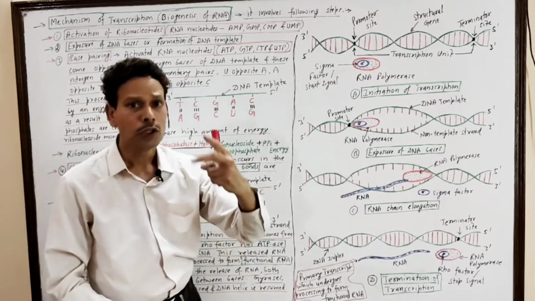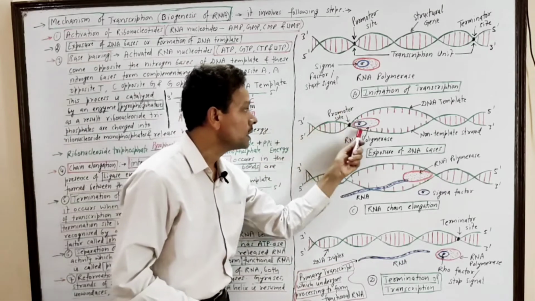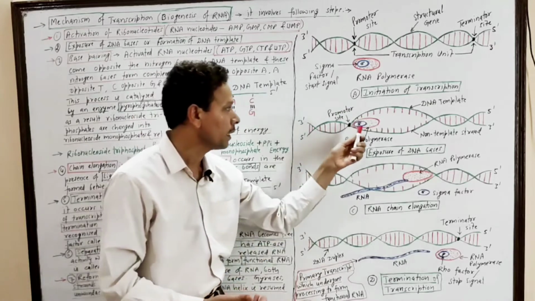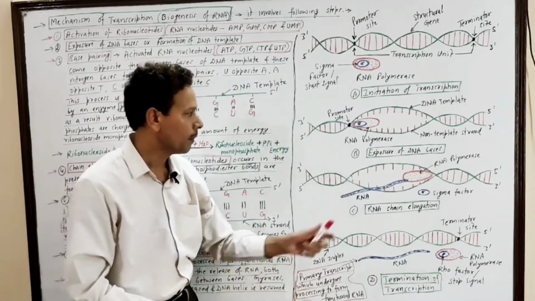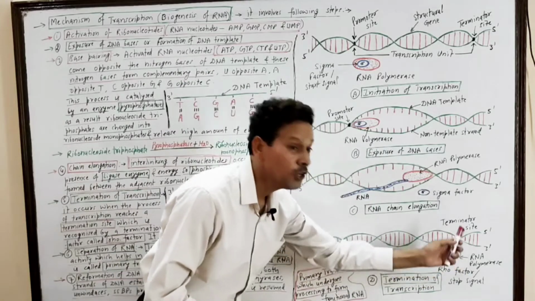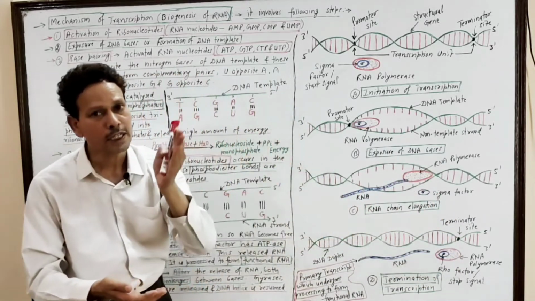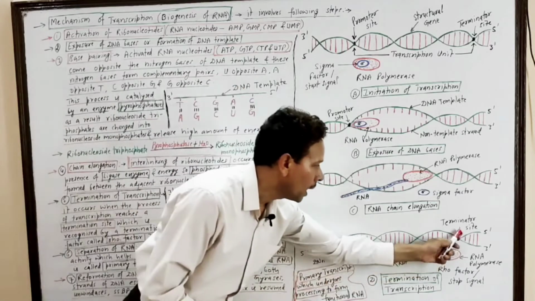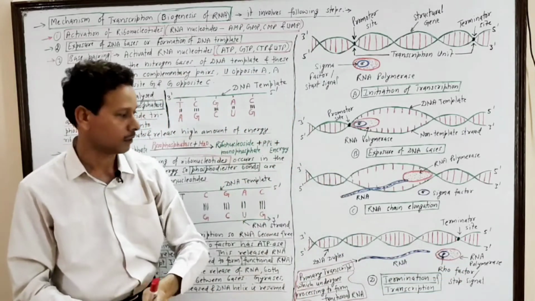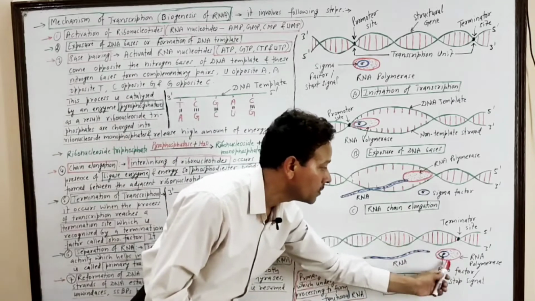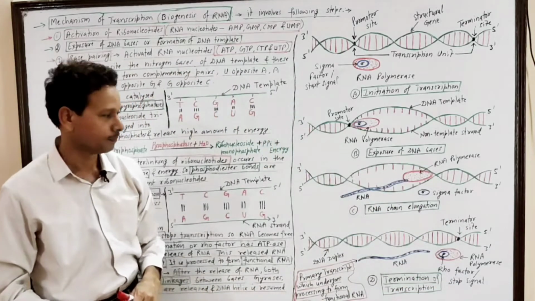It means two factors. When the process is initiated, the sigma factor acts as a start signal, but at the time of termination, when the process is stopped, the Rho factor acts as a stop factor. It is a stop signal, a terminator factor.